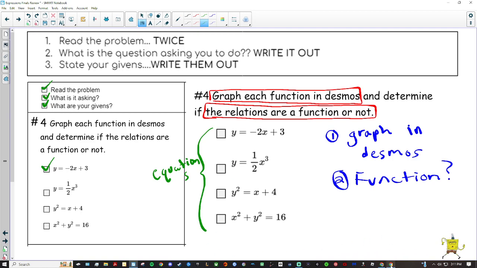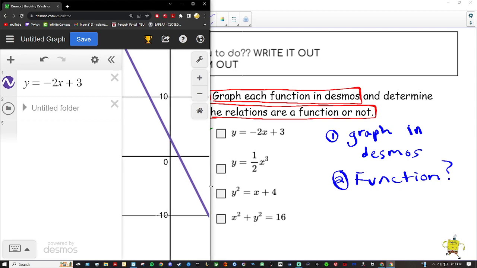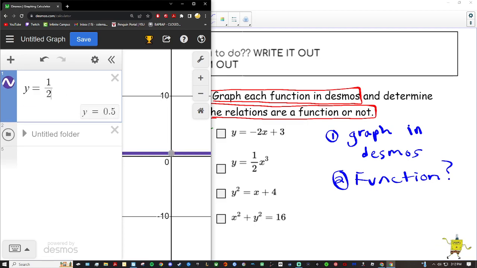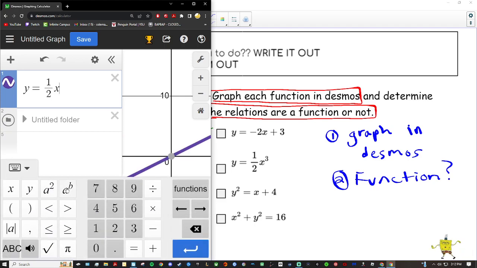Number 2. Clear out your last function. Y equals 1/2. Make sure you push the over arrow. X. And we want to do to the power of, so I put a to the b, 3.